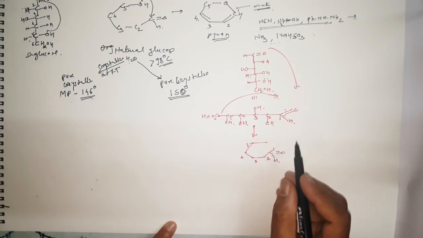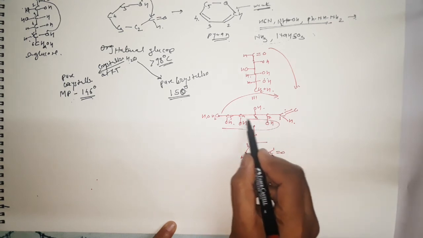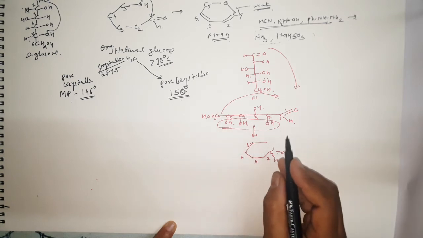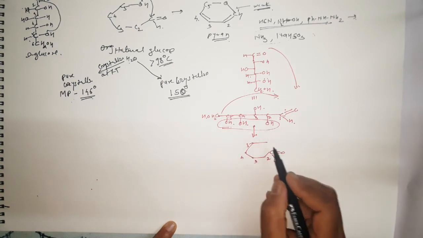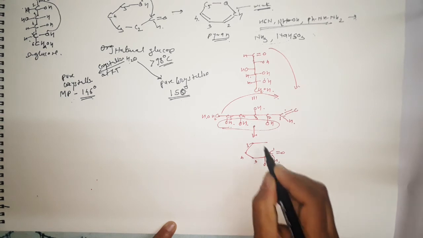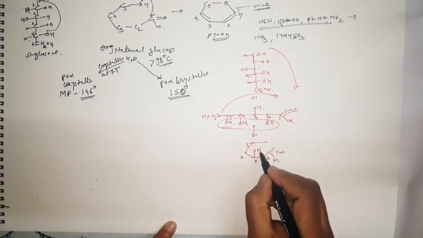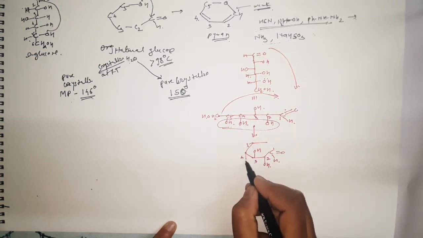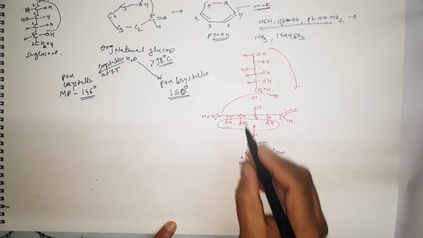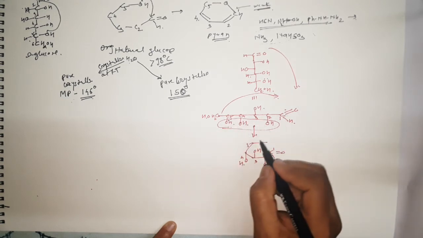Whatever OH groups are below the plane, you write them below the plane. So C2 OH below the plane, C3 OH above the plane, C4 OH below the plane, and the C5 OH.